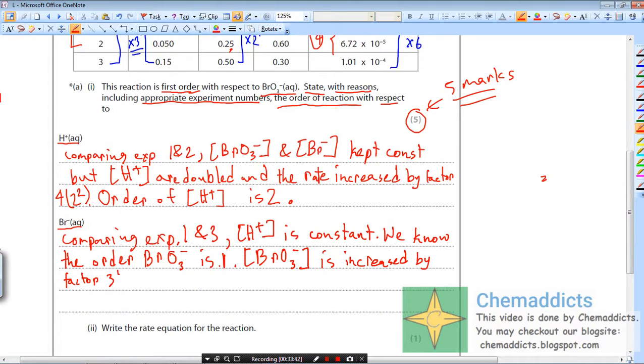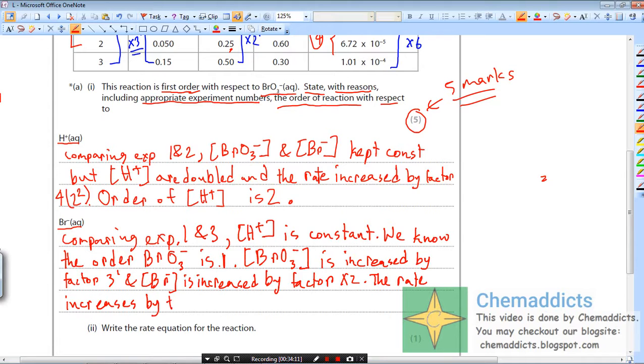So it was increased by the factor 3, and the concentration of bromide was increased by factor 2. So as a result the rate increases by the factor 6.